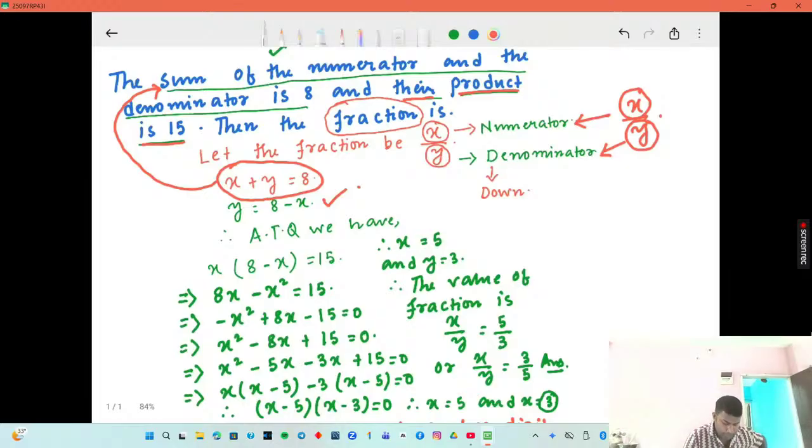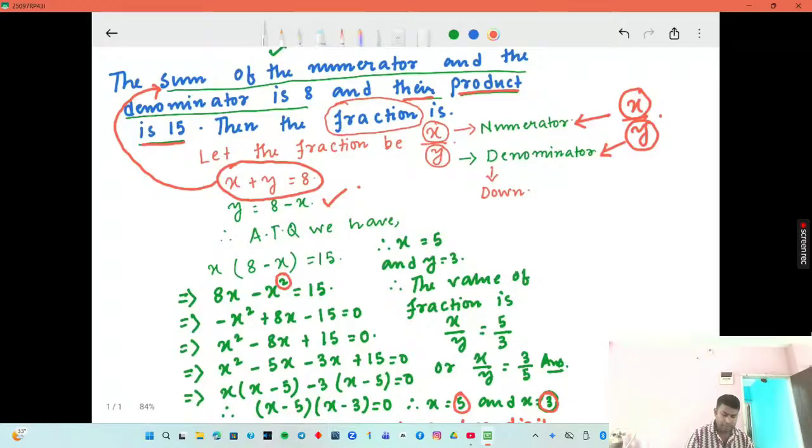Now we have to solve this equation to find the value of x, and as the power of this equation is 2, we will get two solutions of x. After solving this we are getting x is equal to 5 and x is equal to 3.